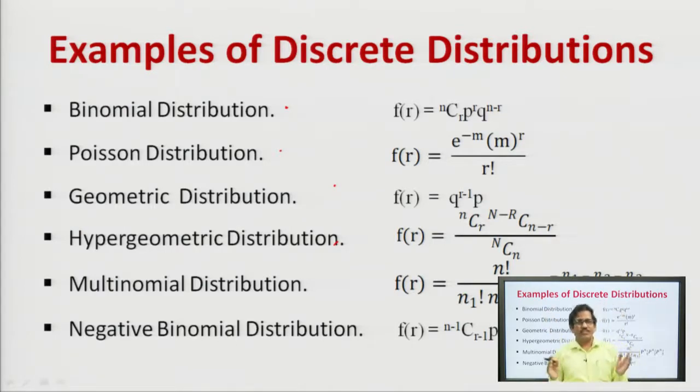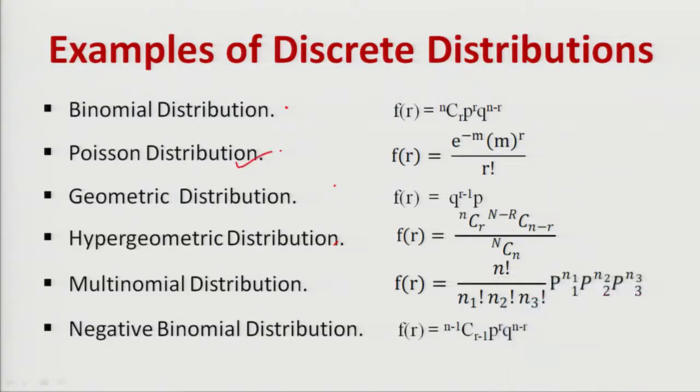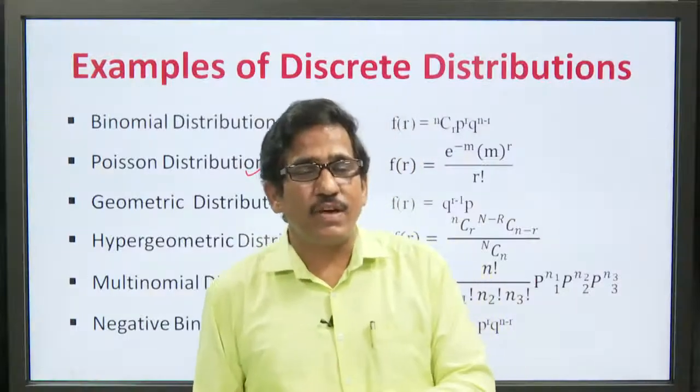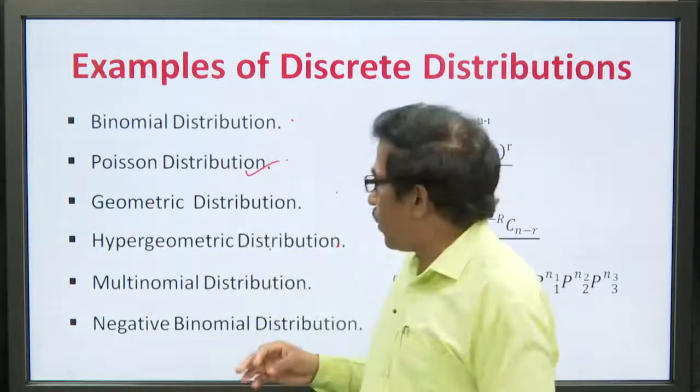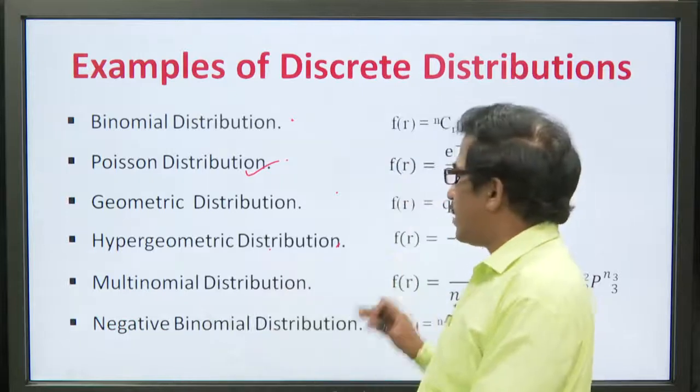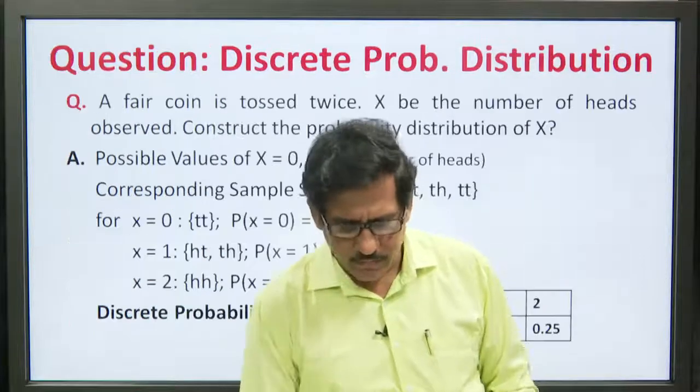If the sample size is very big, the probability of happening is very low and q is almost equal to 1, then Poisson distribution is applicable. Geometric distribution applies when there is a success after r minus 1 failures. Hypergeometric distribution applies when conditional probabilities are there. Multinomial distribution is applicable if there is more than one type of random variable and their probabilities are different, and so on.